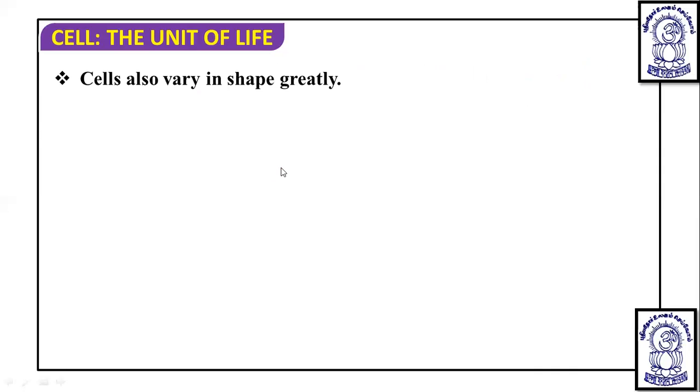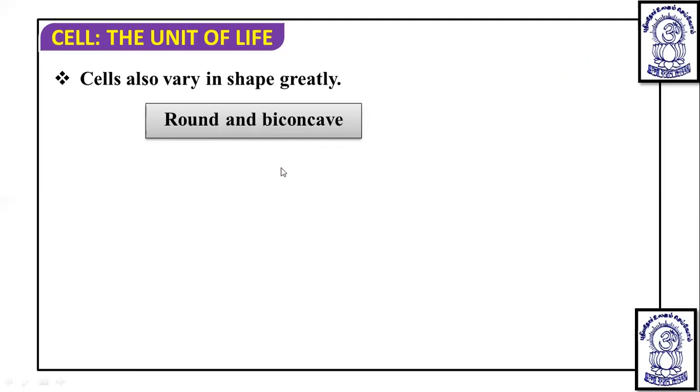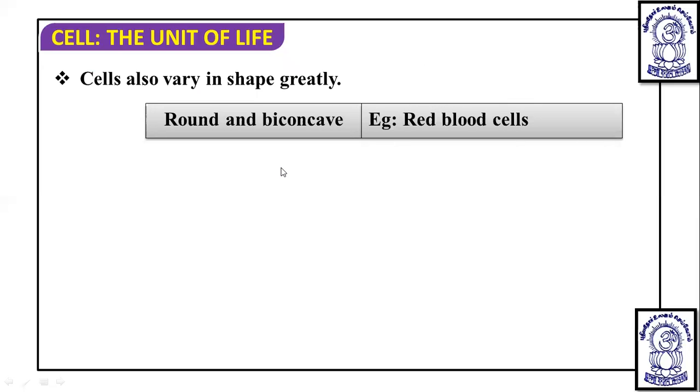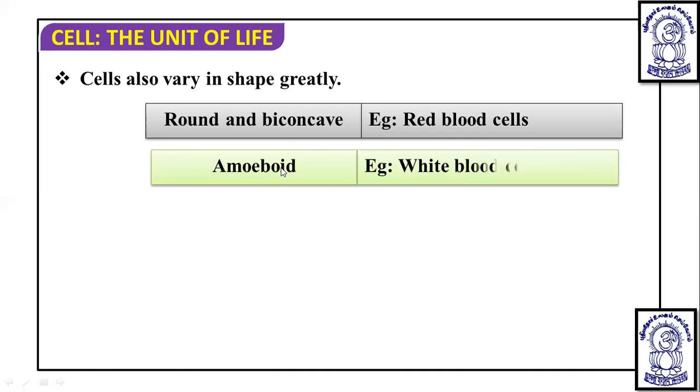But when we talk about shape, cells also vary in their shape. They can be round or biconcave, for example red blood cells. Another type can be amoeboid in shape, like WBC.